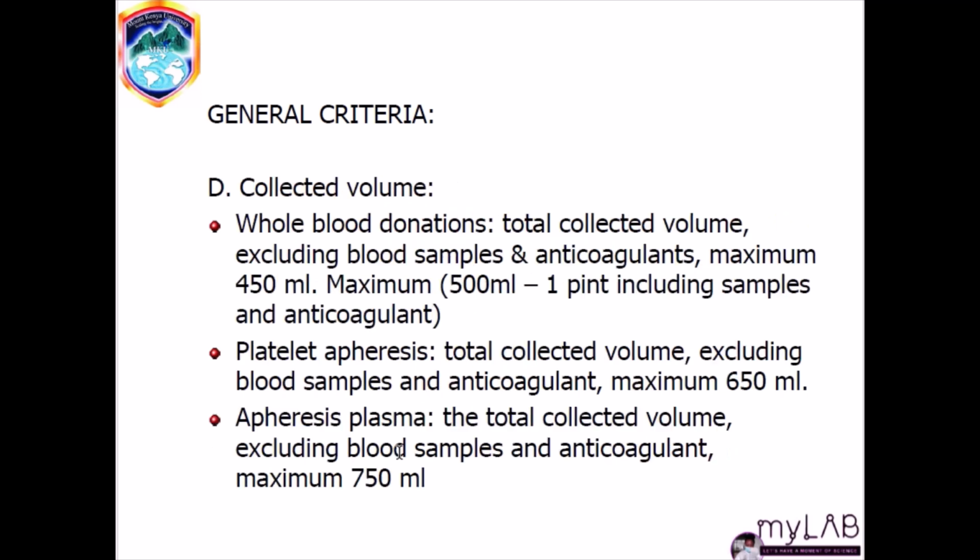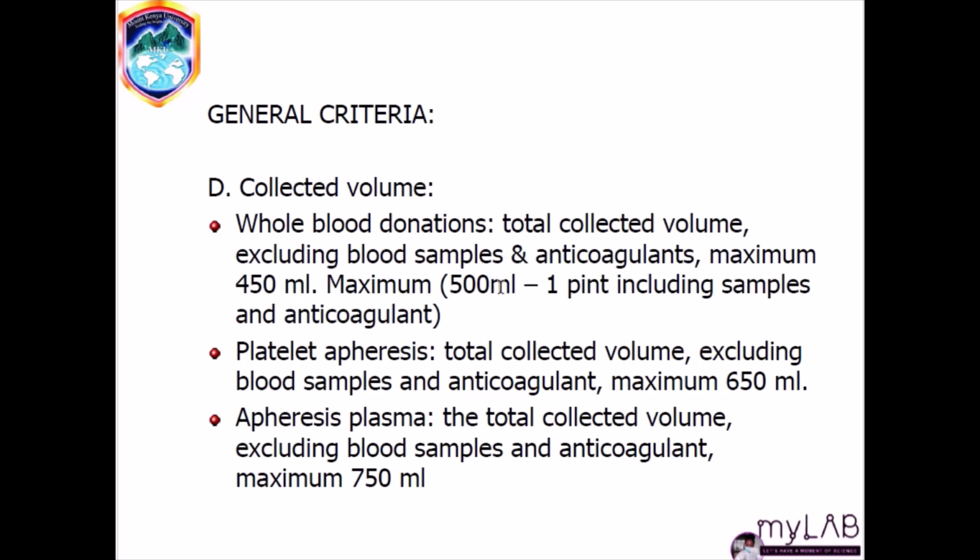The volume that we collect in most cases is usually for whole blood about 500, or what we call 1 pint. And this 500 includes the samples that you collect for screening as well as the anticoagulant. So essentially the blood excluding the anticoagulants and the blood samples is usually about 450 ml.